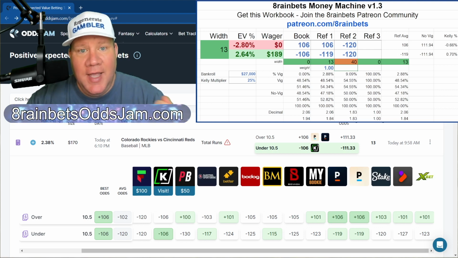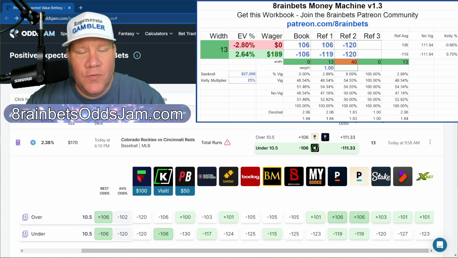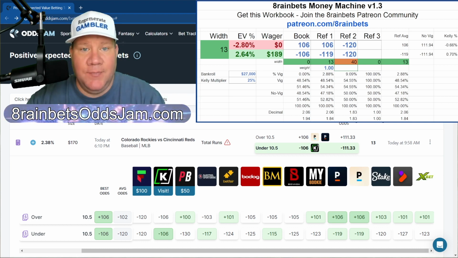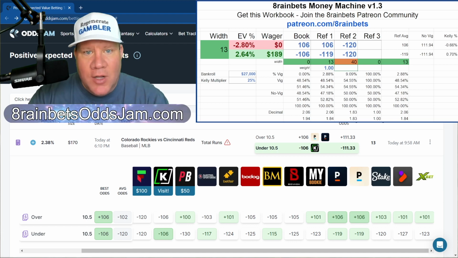If the odds I have in hand, the odds I can place at this book, are better than the no-vig odds, it's a positive EV play every time. Now, it may not be enough of a positive EV play, or with enough confidence, to actually make the play, but you can say we are assessing this as a positive EV play for sure.